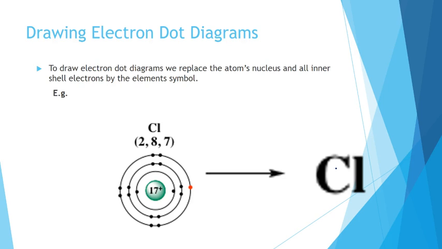So we've been through this, so let's just go through it quickly. In order to start drawing electron dot diagrams, the first thing we need to do is find the symbol of the atom that we're dealing with. If we were going to do it for chlorine, we would take our electron configuration for chlorine, 2, 8, 7, remembering that this last one is our valence shell.